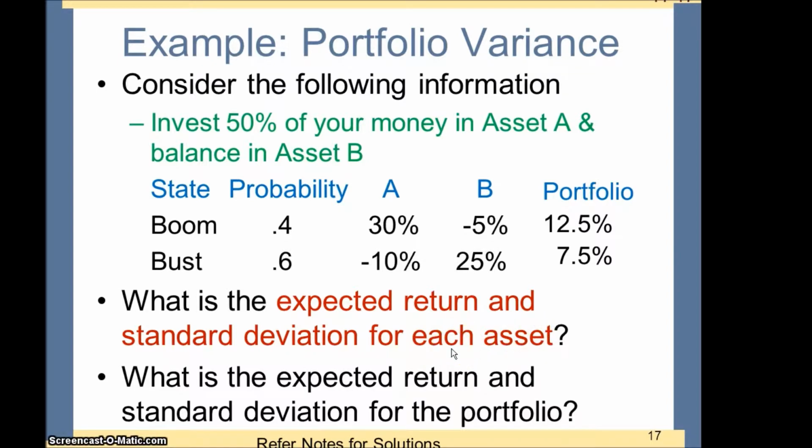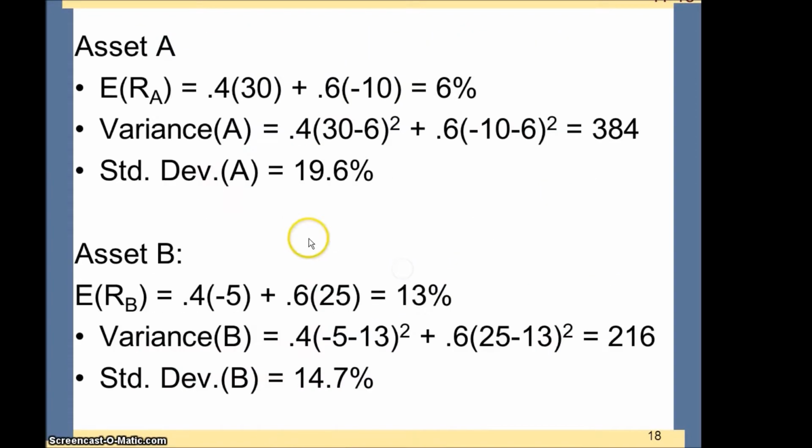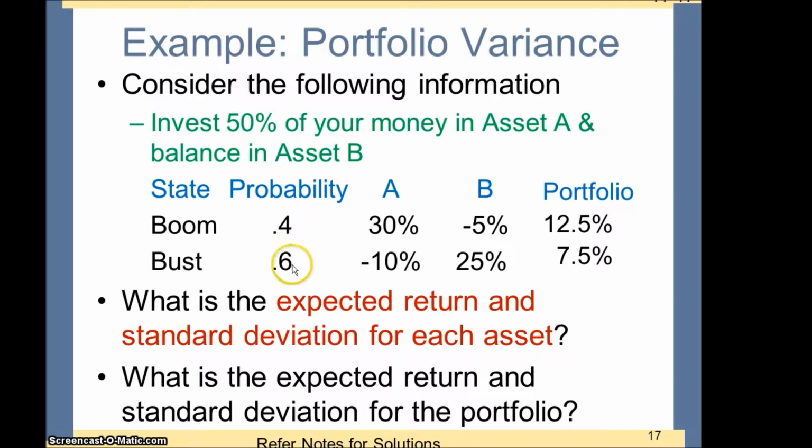Now, how do we calculate? We must use the probability times its individual return. So you can see the probability here and the individual return for stock A and B. Alright, so how do you calculate for A? There are two states here, so total probability equals 1, 0.4 plus 0.6.